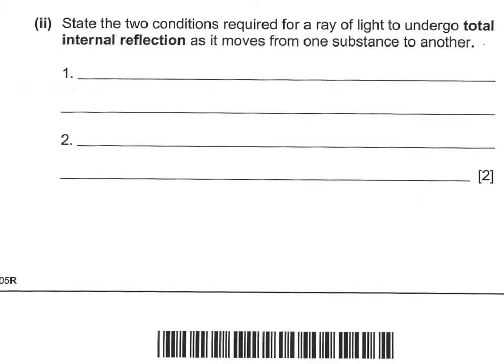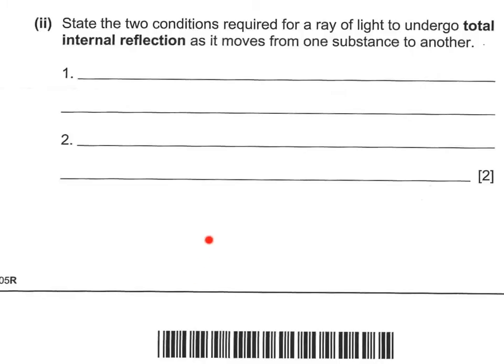Part 2 asks us to state the two conditions required for a ray of light to undergo total internal reflection as it moves from one substance to another. Now we need to remember what goes on in total internal reflection. If you imagine this is the glass and outside here is the air. Light has to be trying to leave a dense medium and enter a less dense medium. So that's one thing that has to be true.